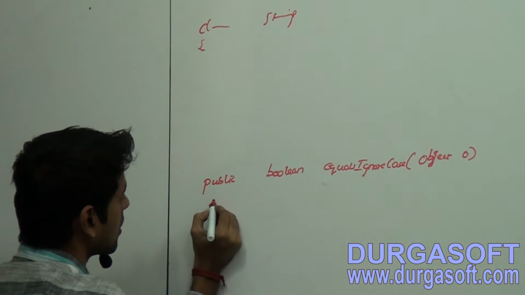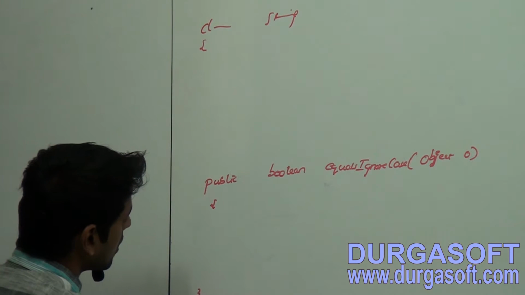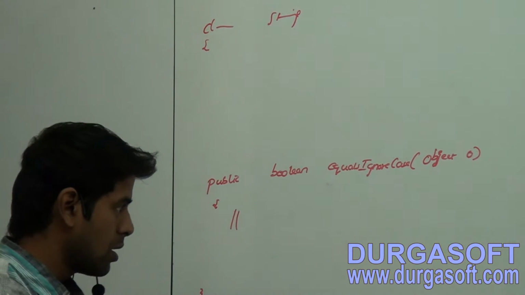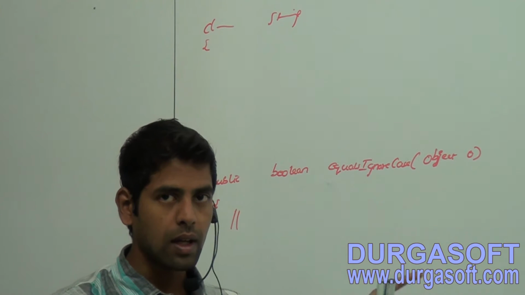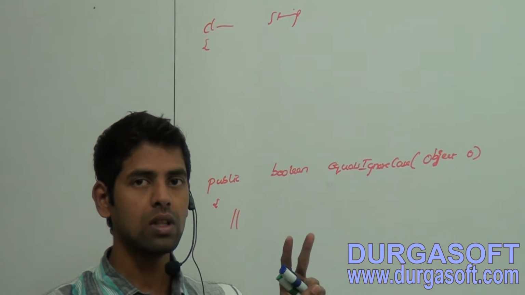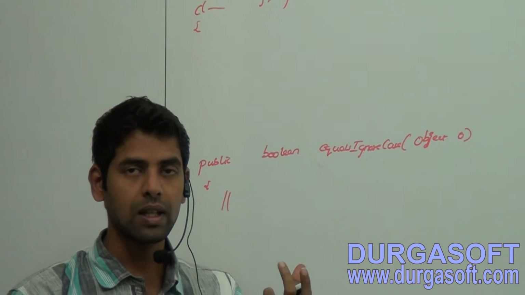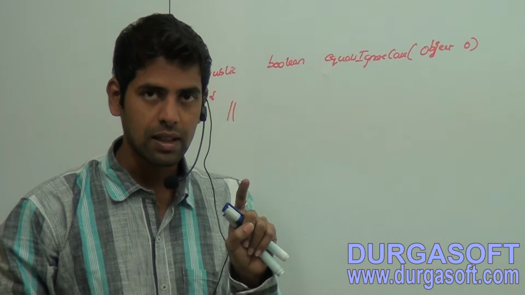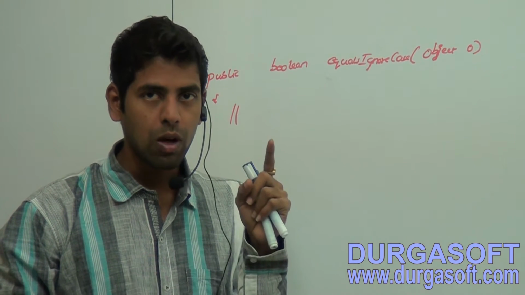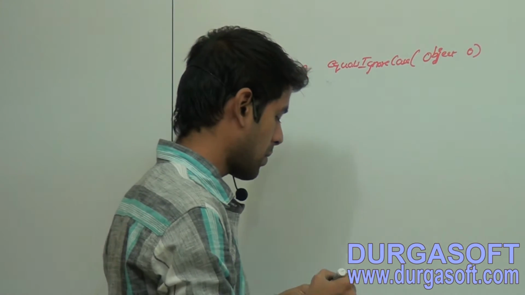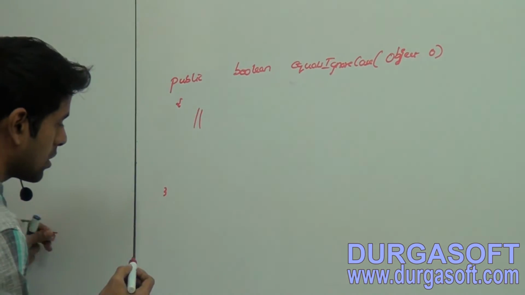Now observe here, within this method you have logic to compare both string objects' data without considering alphabetical cases. If you have two objects in this fashion, observe.